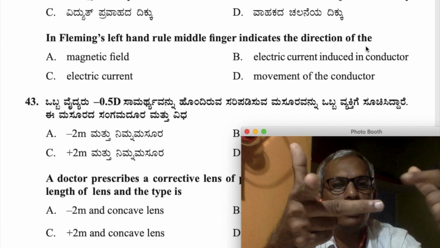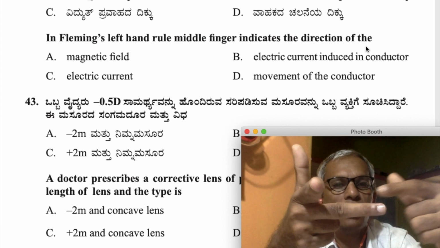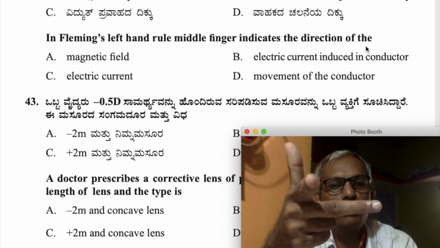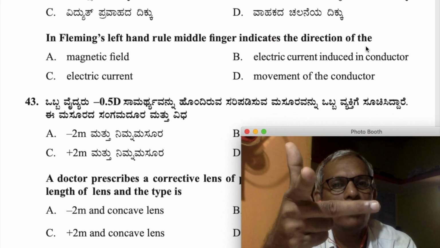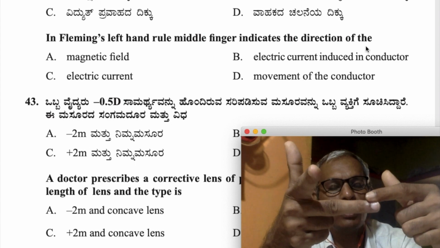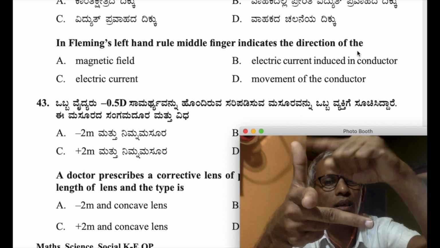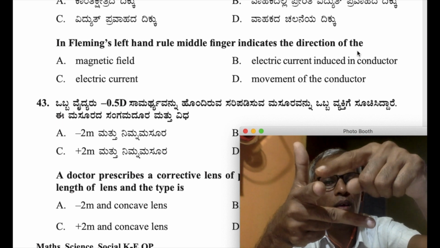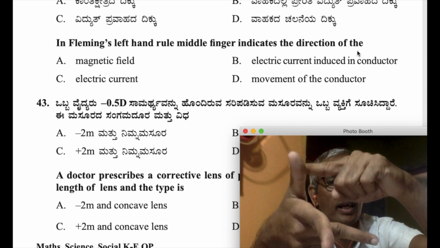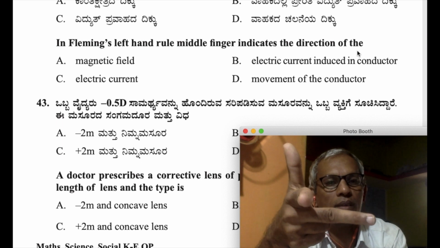So in a motor, we have to give an input current. The current is converted into mechanical energy in the motor. So the motor rule is identified by Fleming's left hand rule. The middle finger represents the input current, the forefinger represents the magnetic field, and the thumb represents the direction of motion of the armature.